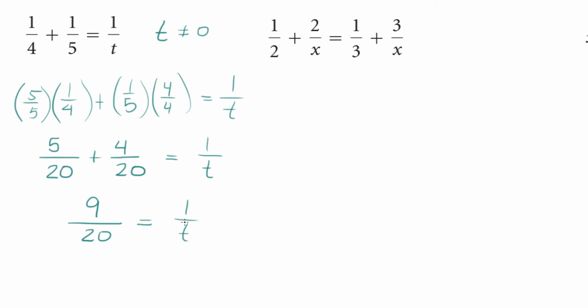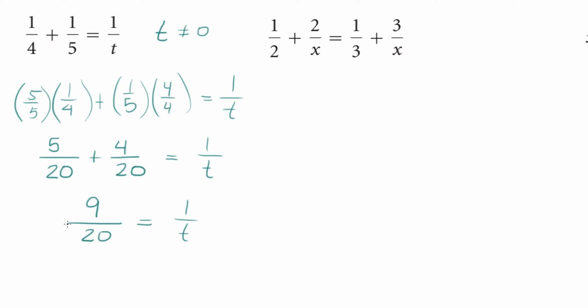Now, whenever you have two fractions equal to each other, or a fraction equal to a number, you can apply what we know as cross multiplication. And it's only when you have equality of fractions, or equality of fractions and numbers, that you apply cross multiplication.